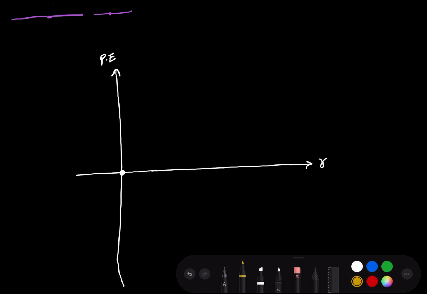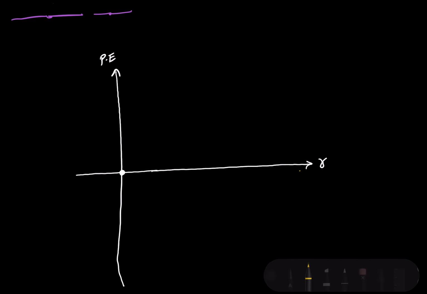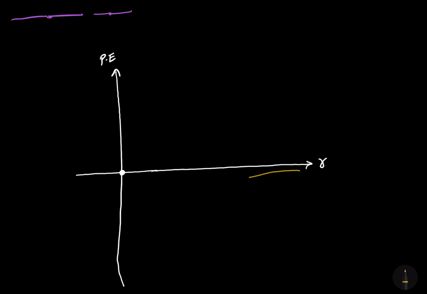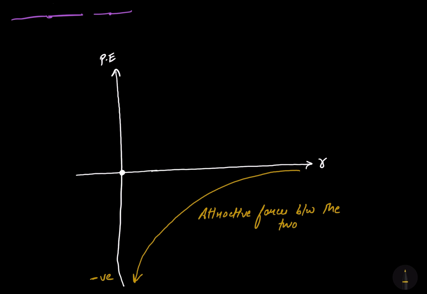Let's understand this graph now. In the first graph, when we are decreasing the distance between the two charges, the potential energy is also decreasing and its value is going even negative. So this graph shows the attractive forces between the two charges.